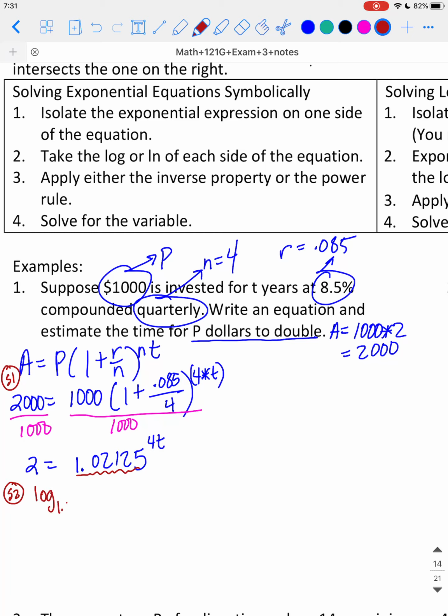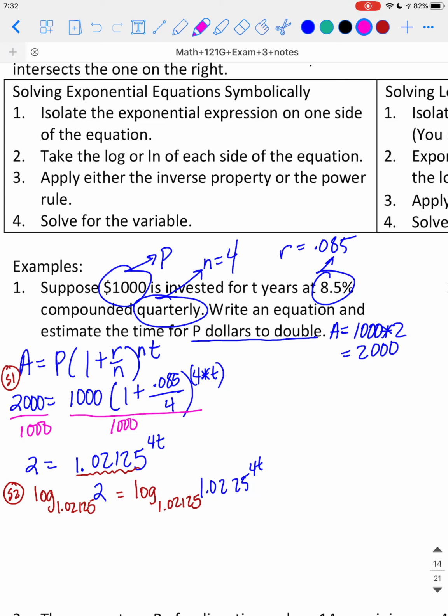So I would like to say log base 1.02125, and I'm going to take the log base 1.02125 of both sides. So that means that on the left side, that 2 is still there, and on the right-hand side I'm going to have 1.02125 to the 4t.